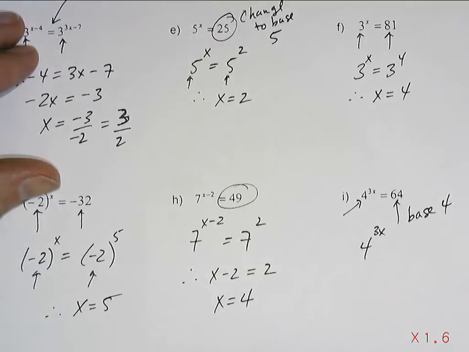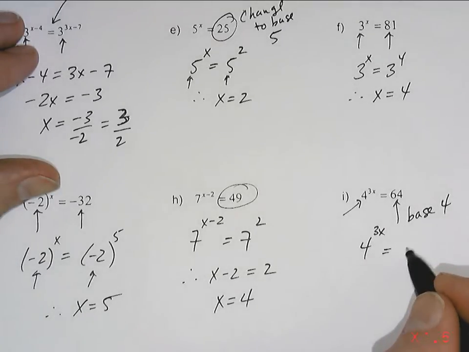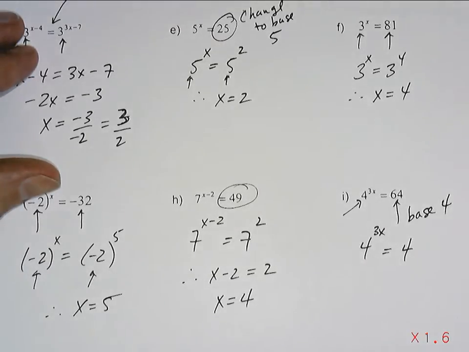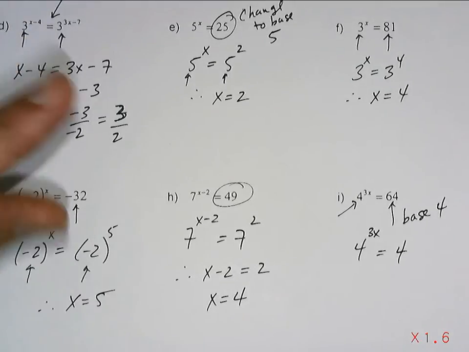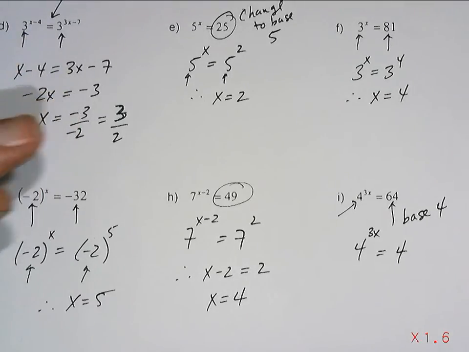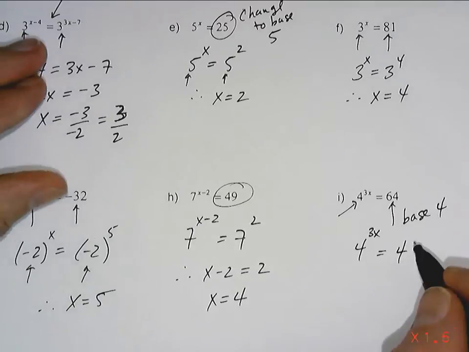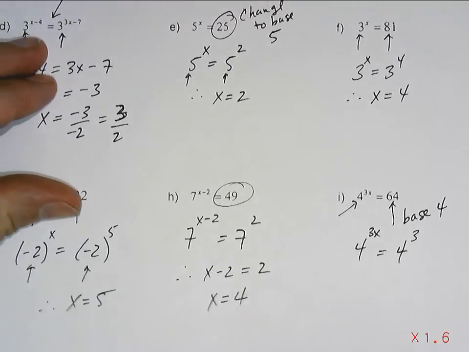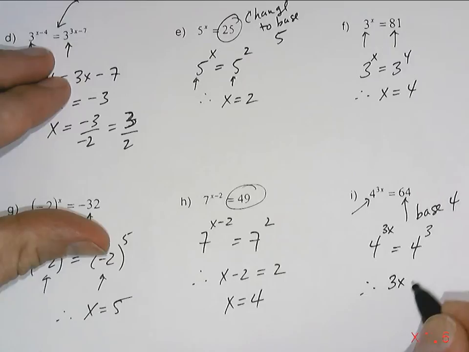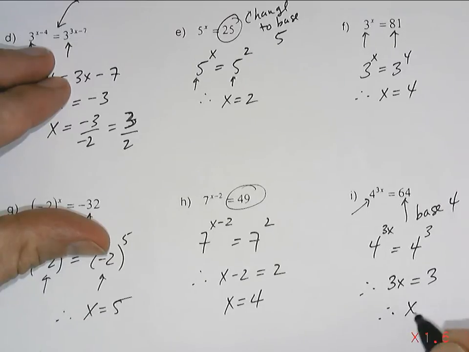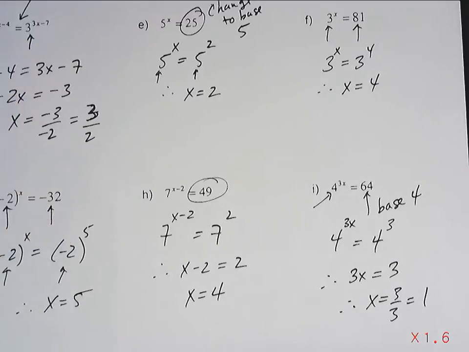Because that's the base that I'm working with here. So it's going to have to go to 4. 4 times 4 is 16, times 4 is 64, so that's 4 to the 3. Therefore, 3x equals 3. Therefore, x equals 3 divided by 3, which is 1.